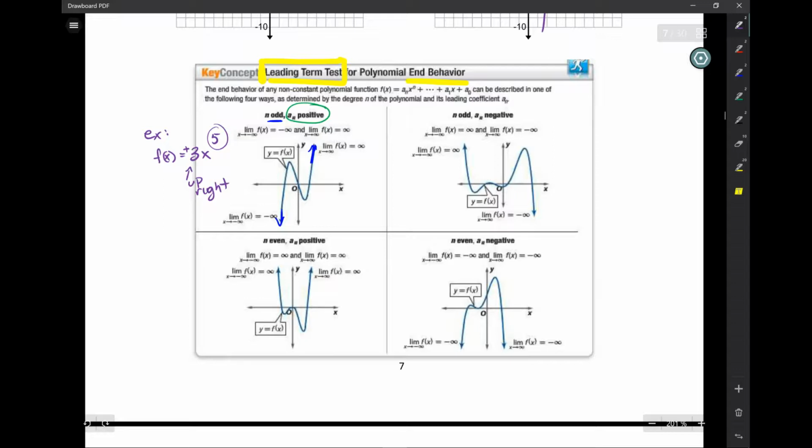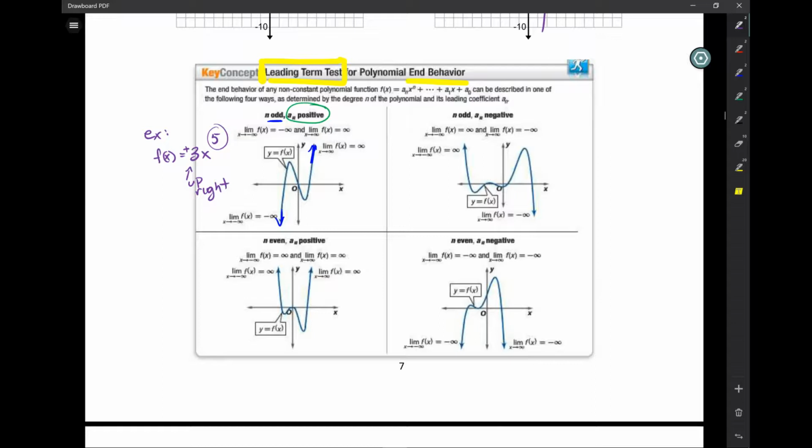How do I know that? It's positive 3x to the 5. So if my x's were positive, 1, 2, 3, and I plugged positive values in here, this whole thing is going to remain positive, so it's going to be above the x-axis. If my x values were negative, negative 1, 2, 3, that will make this a negative value, so it'll go down here.